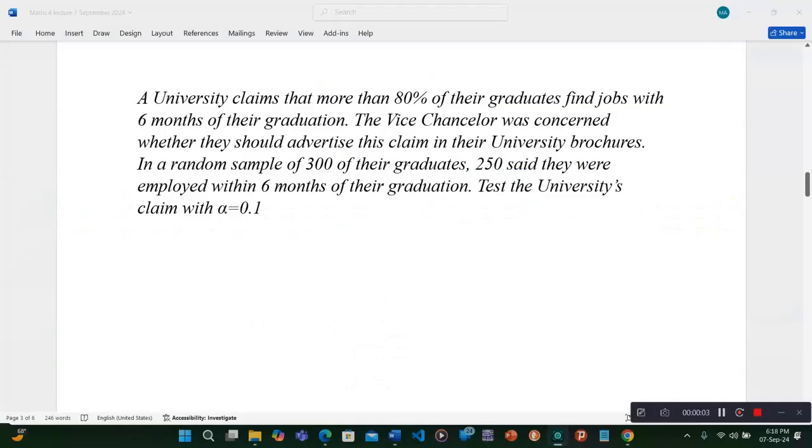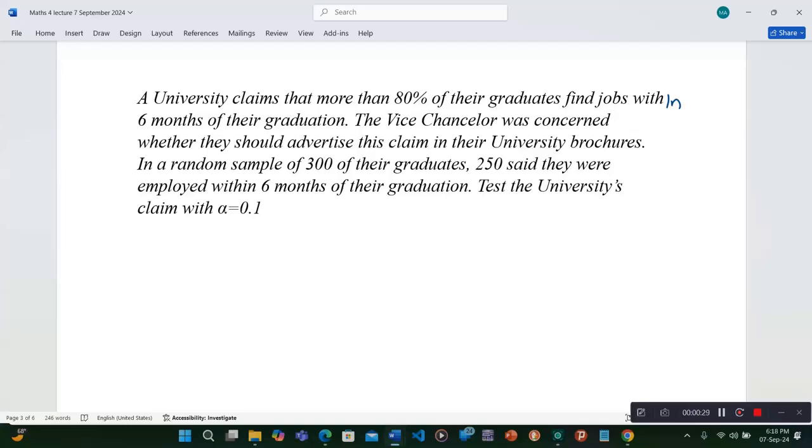So now we are told that a university claims that more than 80% of their graduates find jobs within 6 months of their graduation.